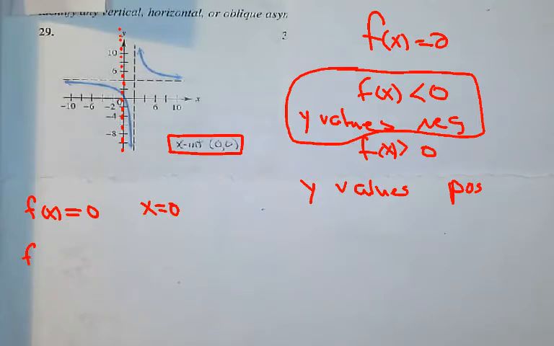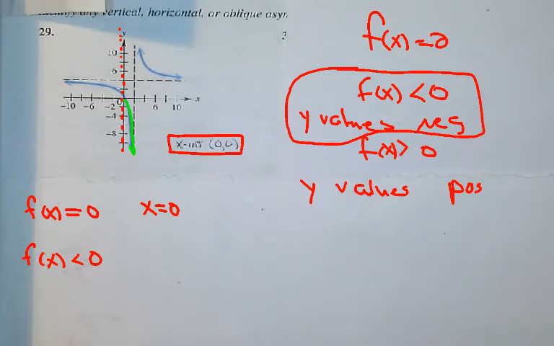What about this one? When is it less than 0? Now I have to look at when it is below the x-axis. It's only below the x-axis over here on this side of the graph. So if I change my color, this part right here is the part that's less than 0.